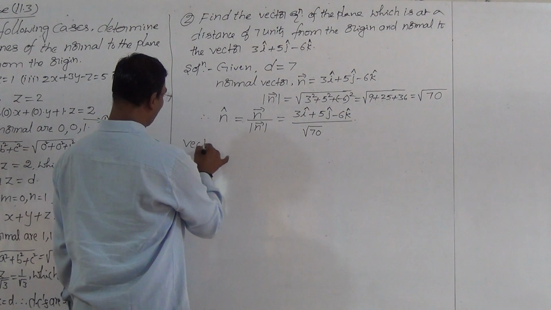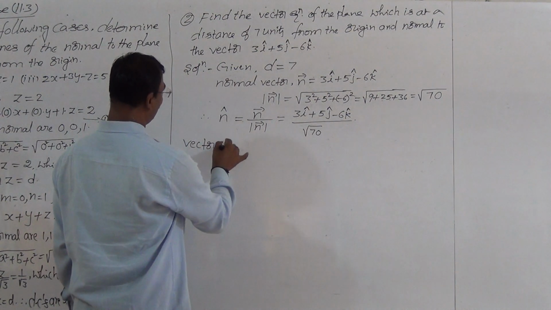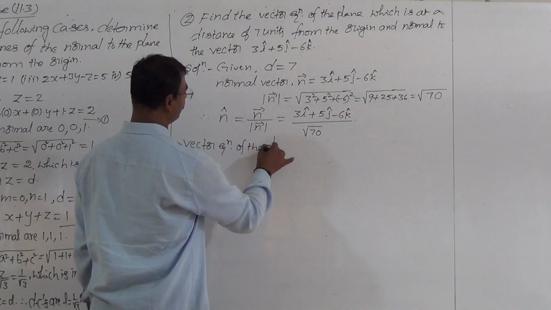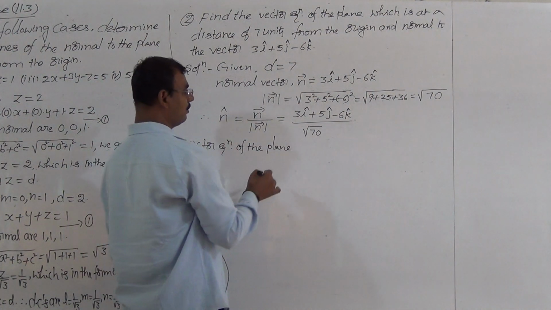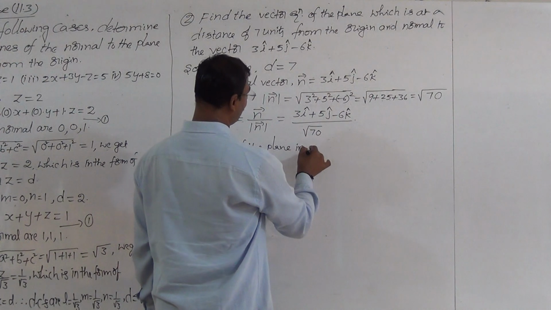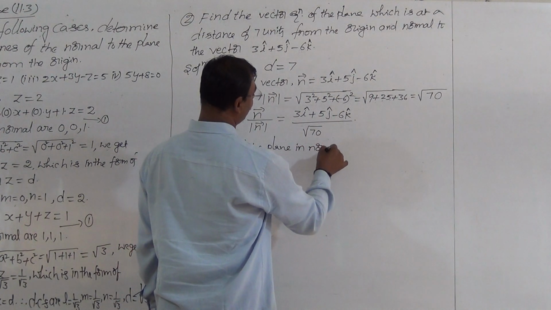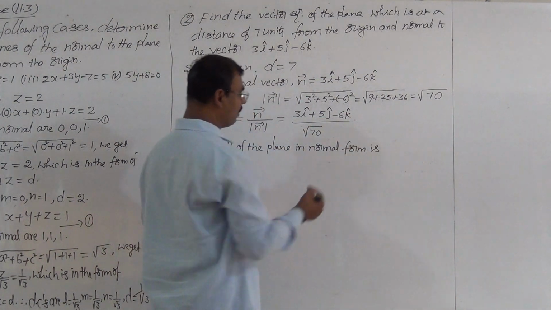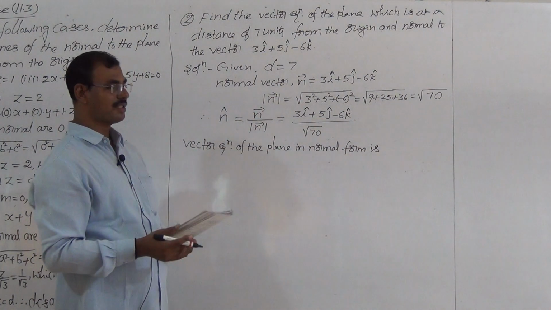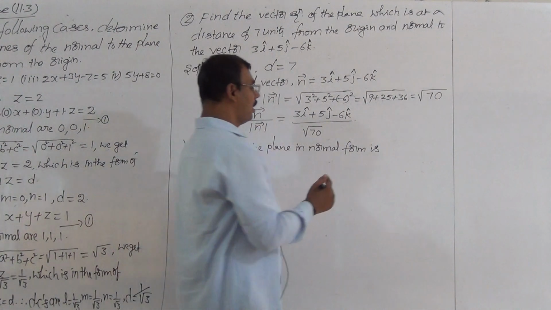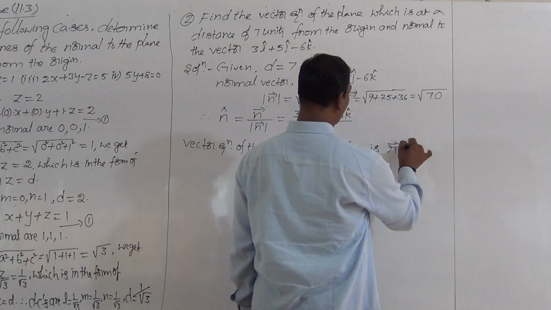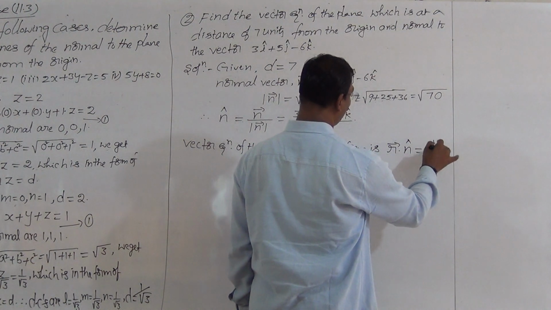Vector equation of the plane in normal form, remember. Do you remember the formula? The formula is r bar dot n cap is equal to d.